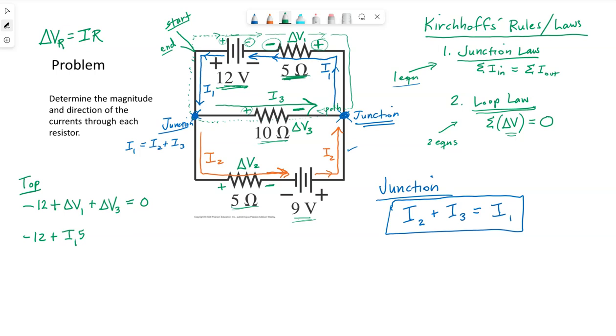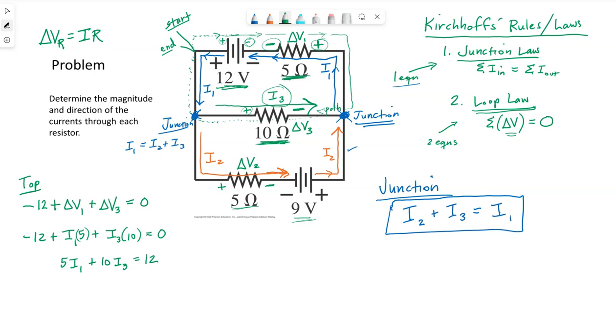So this is I times R for V1. Delta V3 is for this 10 ohm resistor. The current I have drawn flowing through it is I3. The resistance is 10 ohms. And to make it a complete equation, I do need equals 0. So what this tells me right now is that 5I1 plus 10I3 has to equal 12.